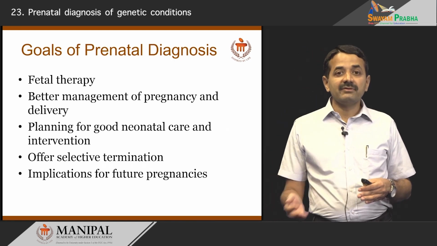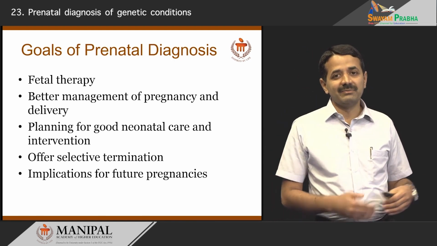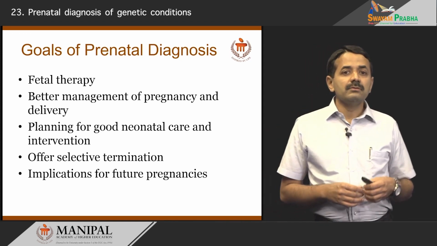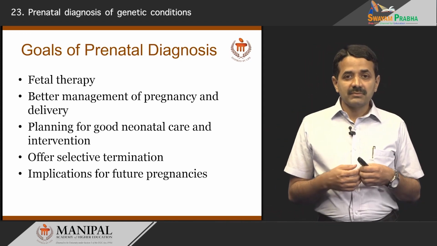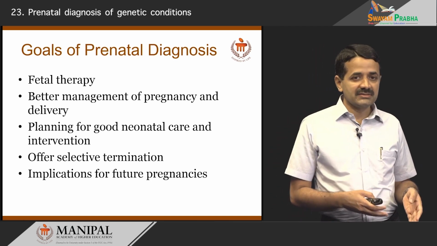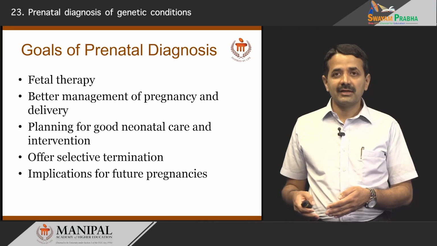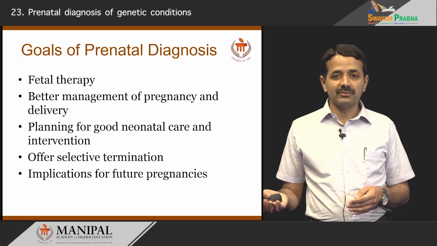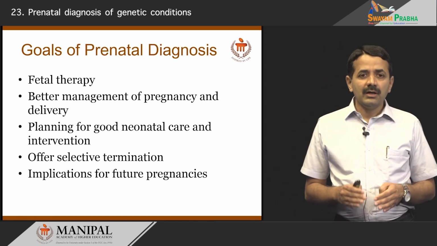So, that is one of the advantages of knowing that a baby is going to be delivered with a genetic disorder or a birth defect. Now, if there are some conditions like congenital diaphragmatic hernia, we need a good pediatric surgeon, a good neonatal care unit where surgery can be done and managed better and the outcome can be improved. That is one more indication.